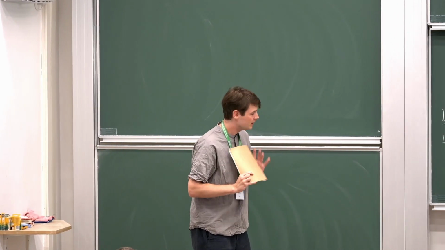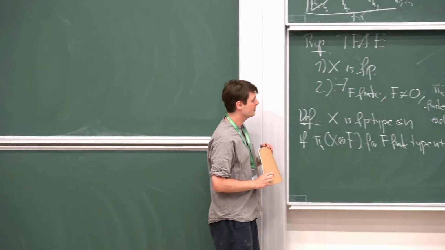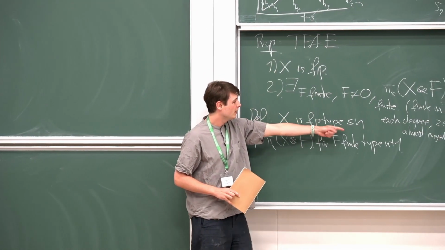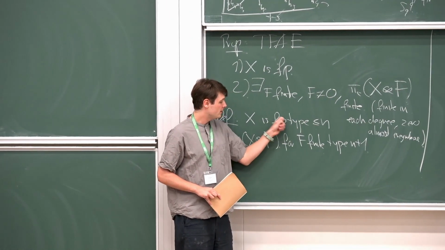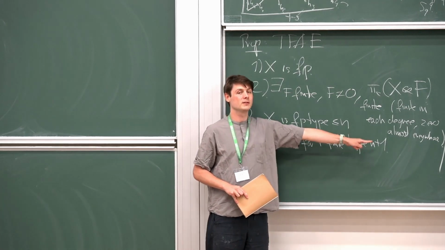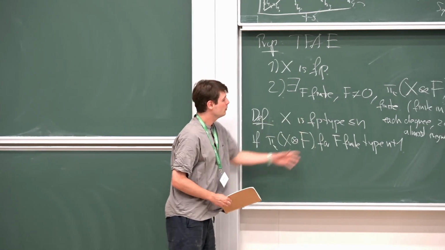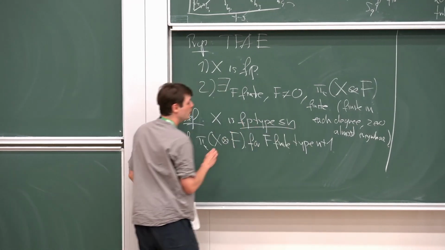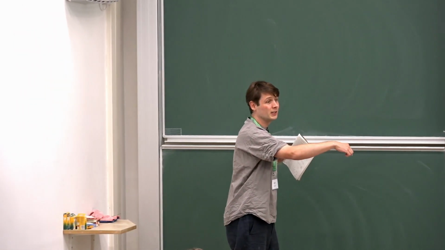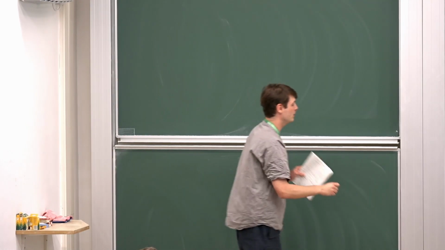There are two remarks here. There's a big jump which seems weird at first, but you're going to see in examples it's natural. It's type at most n if it's finite after you tensor with a finite complex of type n plus 1. And the other thing to be careful with, these form a thick subcategory, but the inclusions go in the other direction than you might be used to if you think of finite spectra.